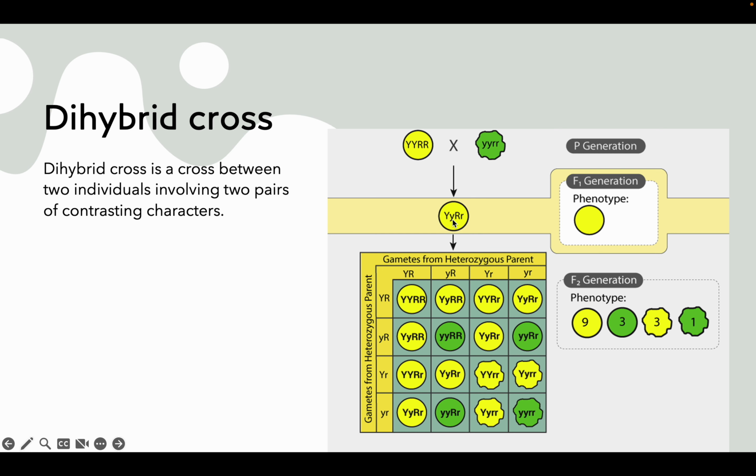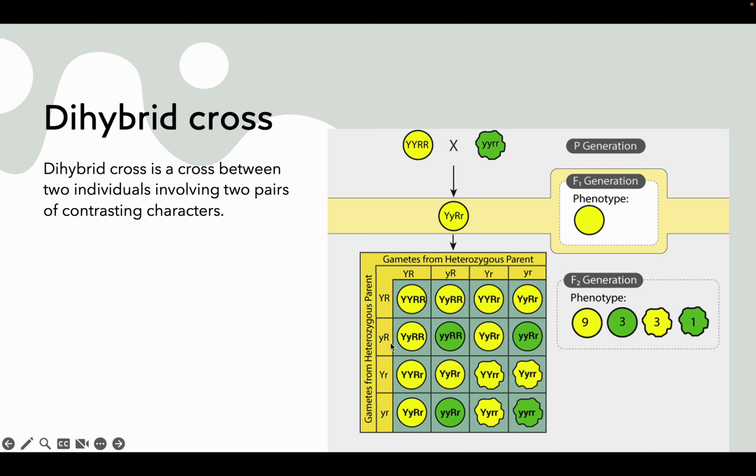Same with this small y, it can be segregated with this capital R, or it can be segregated with this small r. The same here. This segregation, which depends on the other trait as well, is called independent assortment, because they can all be independently segregated. Like this Y will not always come with the capital R, it can also come with the small r.